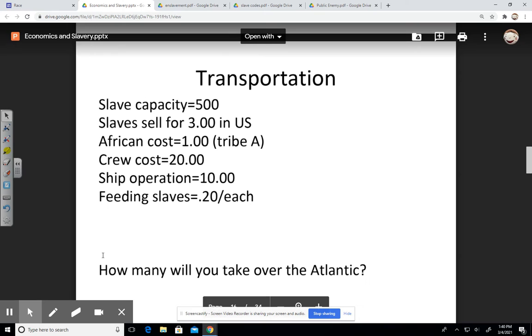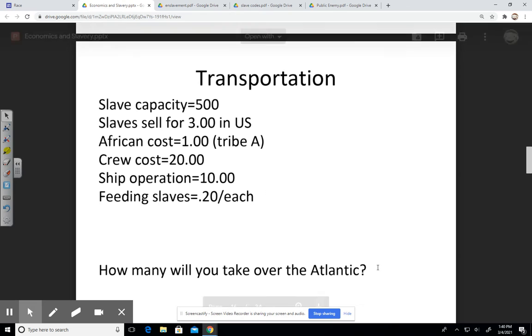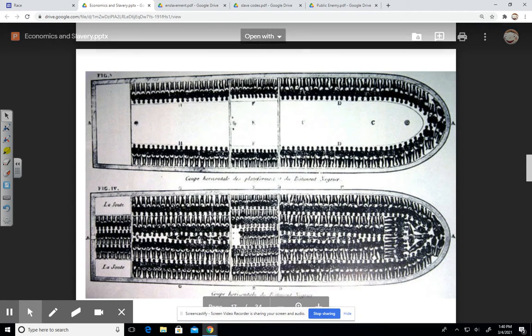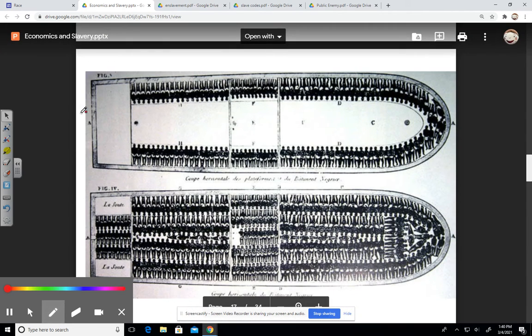So in this scenario, you have a slave ship capacity of 500. Here you see the cost of slaves. And this is trying to get you to think about how many you are going to take over the Atlantic to the New World. So there actually are two terms that you want to take note of, loose pack and tight pack.